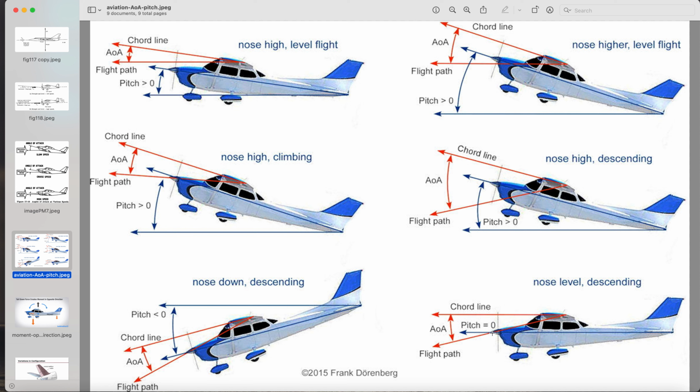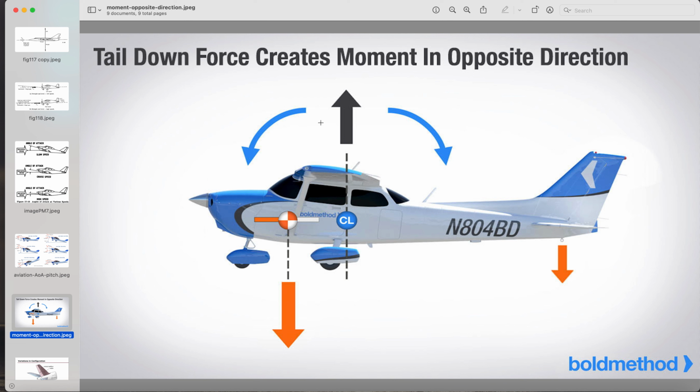As you can see, the nose of the plane and the tail of the plane are directly on the line through the plane, which is the horizontal, right? That's what you have to have. So once again, this tail down force creates a moment in the opposite direction. So as you pitch the chord line up, the lift effect happens because of the air hitting this portion of the wing here, but that causes the tail to go down slightly, right?